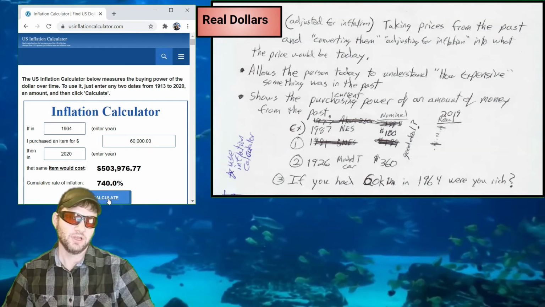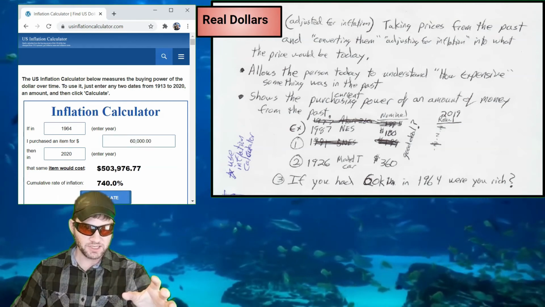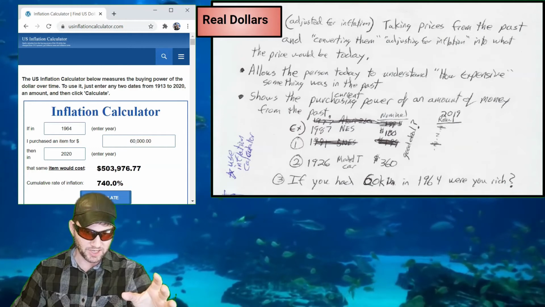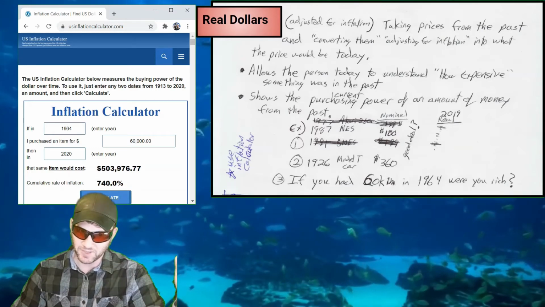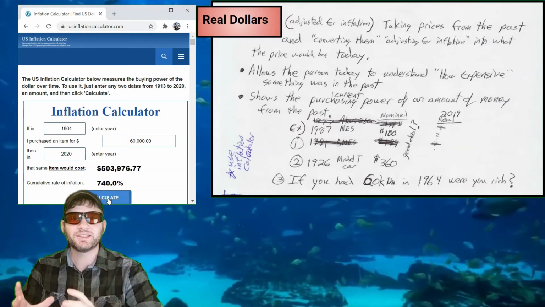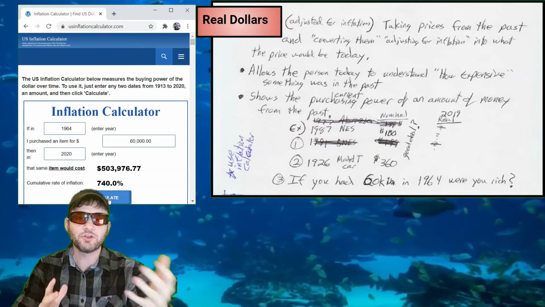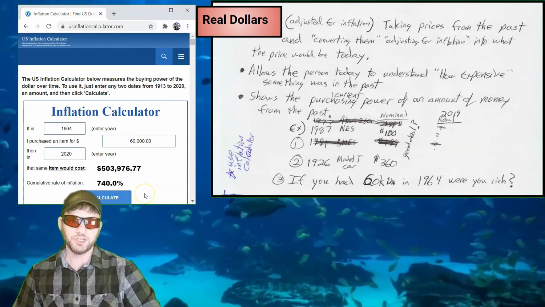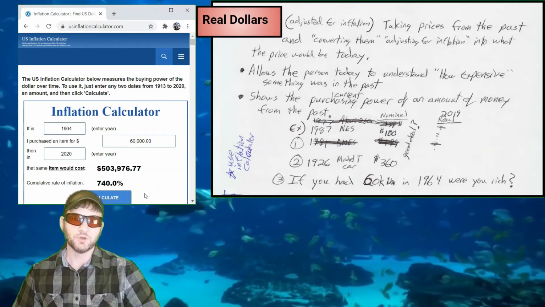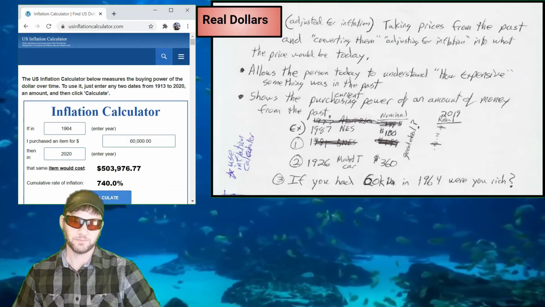So someone tooling around in 1964 with 60 grand in their pocket is the same as someone walking around in 2020 with $500,000 in their pocket. So this is the second version, another way of using the inflation calculator. And it's so much easier than using the chart and doing a whole page of math.